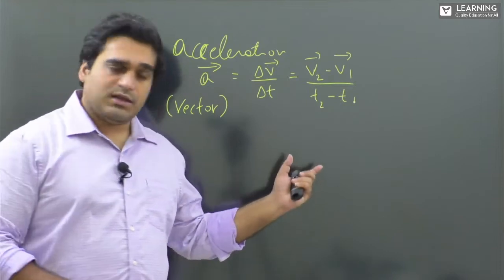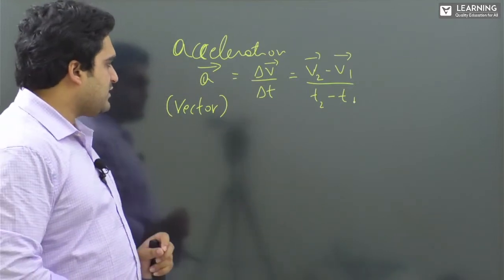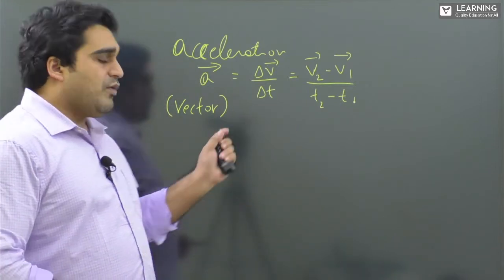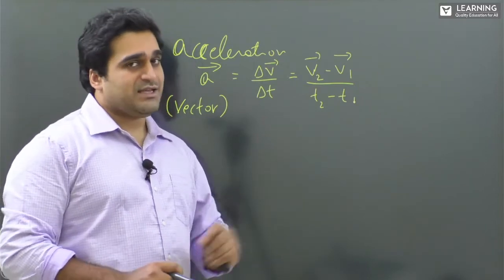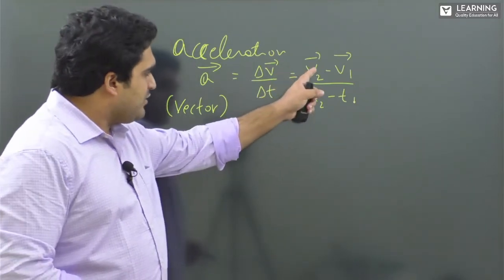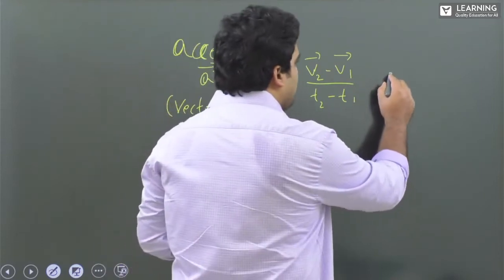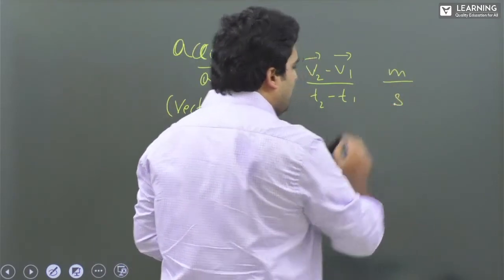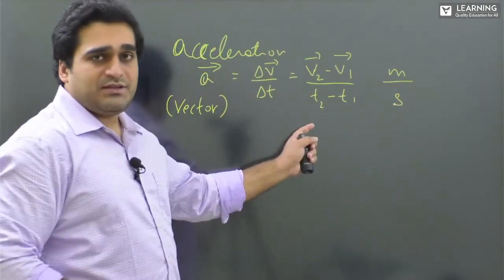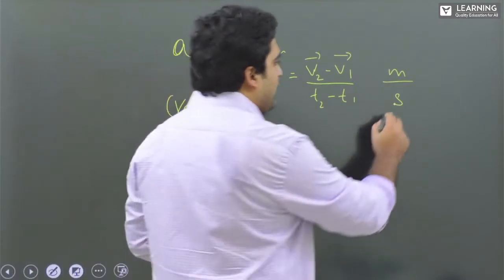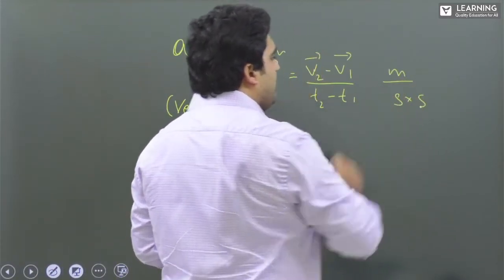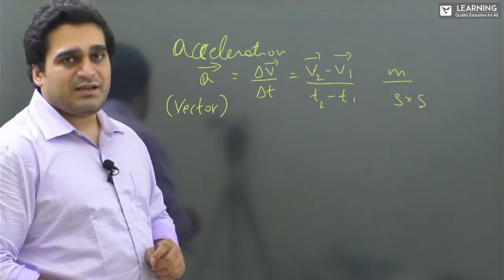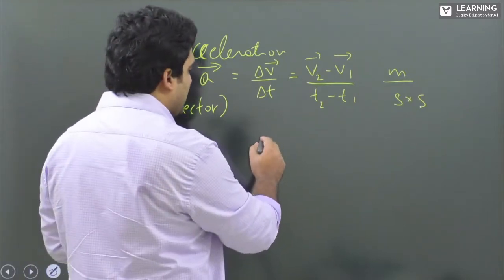Now this is how you define an acceleration. Now what about its SI unit? The SI unit of a velocity is meter per second. Since time is in the denominator, which is again in second, meter per second divided by second is meter per second square.